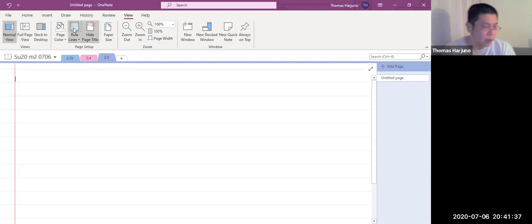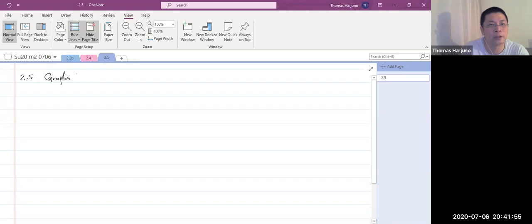In 2.5, we learn, that's actually a big section, but I did most of them already. In this 2.5, we learn basic functions and then the transformation. So this is graphs of functions.